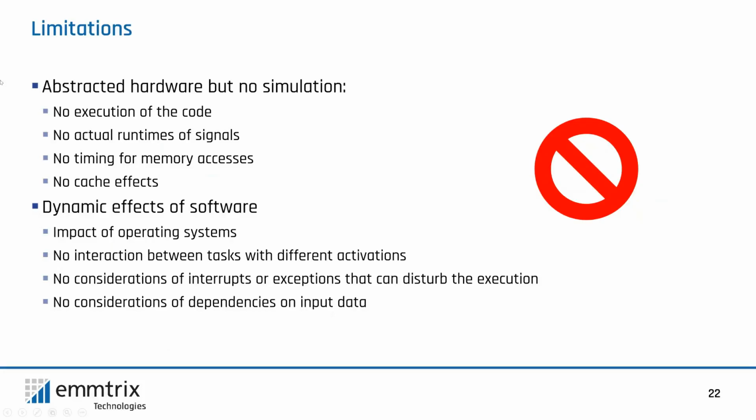So something like runtime of signals. So this might be bus systems, network, all peripherals. These cannot really be analyzed statically because this would require knowledge about the whole system, and this is not really part of the actual source code of the application, but is part of the hardware description.